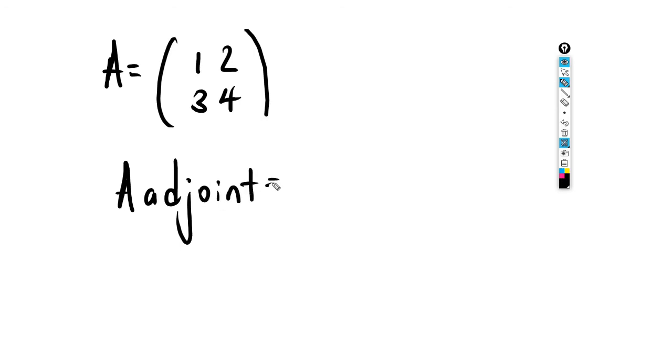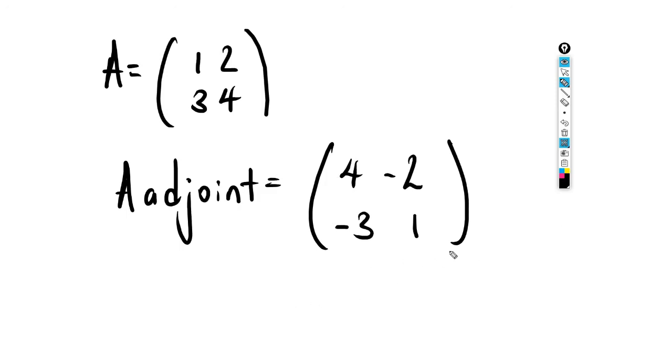You switch the main diagonal, so that's 4 and 1 there, and then you put a negative sign on the 2 and a negative sign on the 3. Pretty easy, not hard. I think we can manage this, guys.